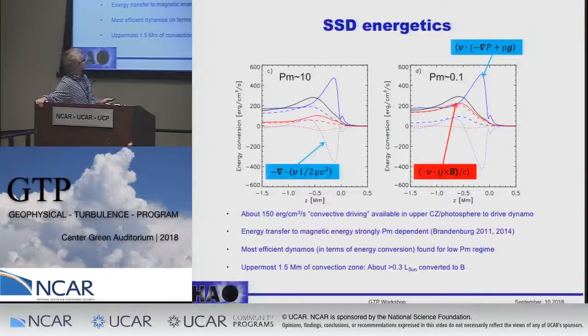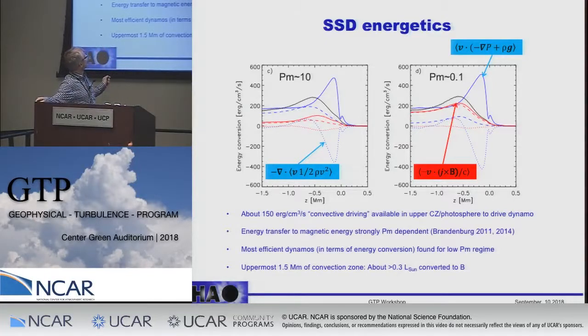So the question is, how much of that is actually needed to maintain the small-scale magnetic field against ohmic decay? This question cannot be answered without discussing the magnetic Prandtl number. This was first found by Axel Brandenburg: the energy transfer to magnetic energy depends strongly on the Prandtl number, and it's larger for a low Prandtl number.